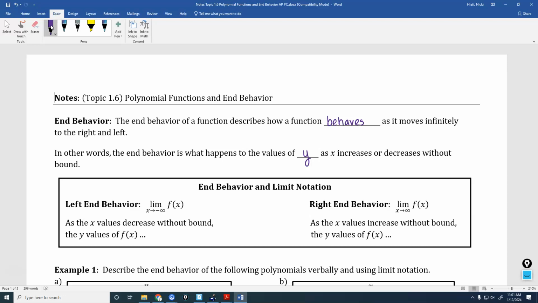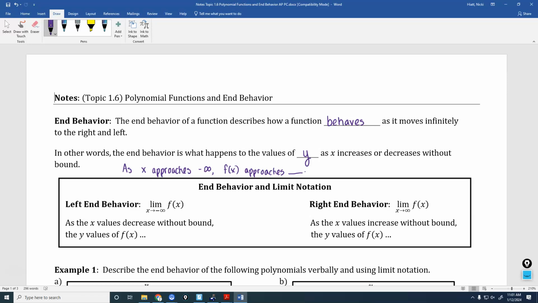You do end behavior in Math 3, and I think that you would say like as x approaches -infinity, f of x, or y approaches blank. Does that seem somewhat familiar, like you've heard that wording before?